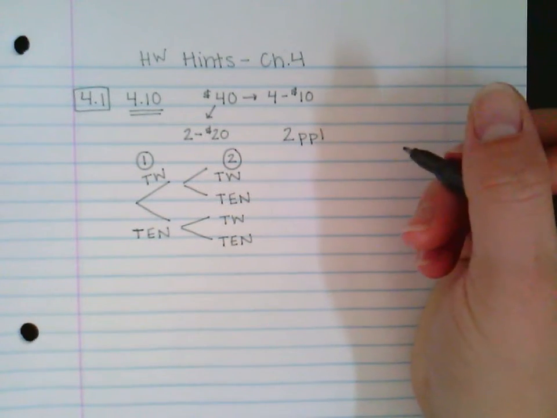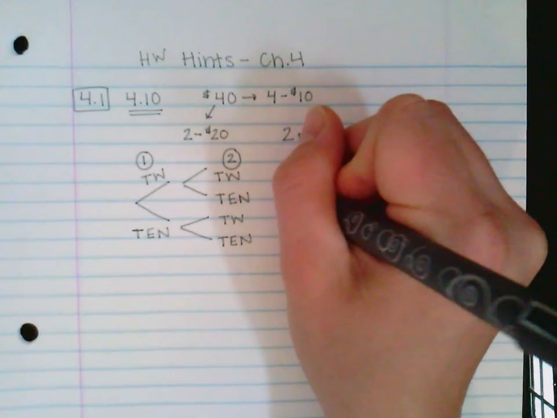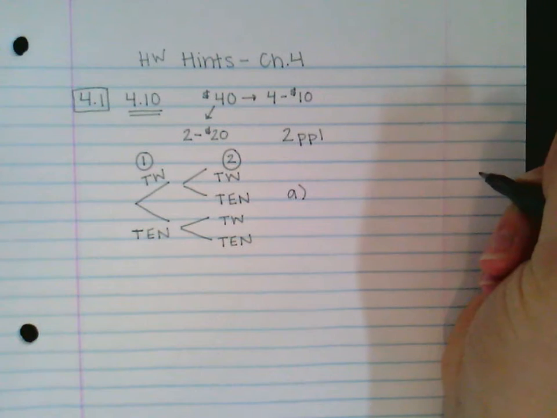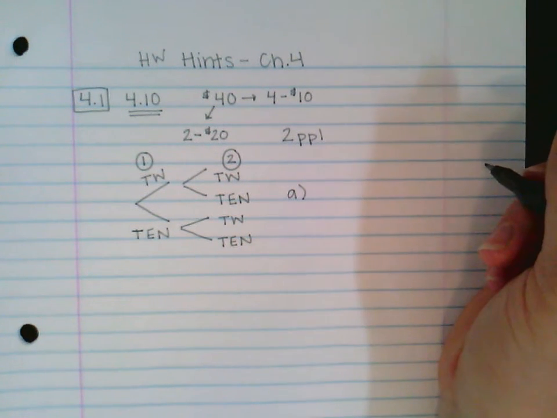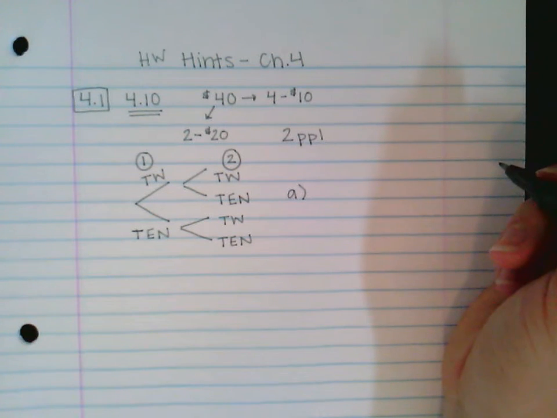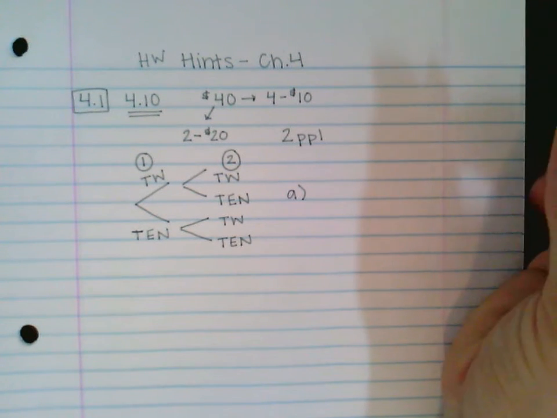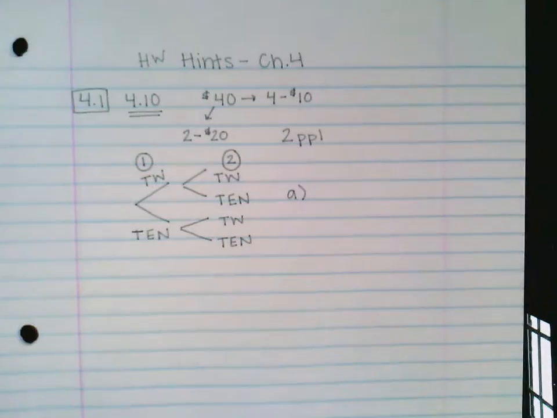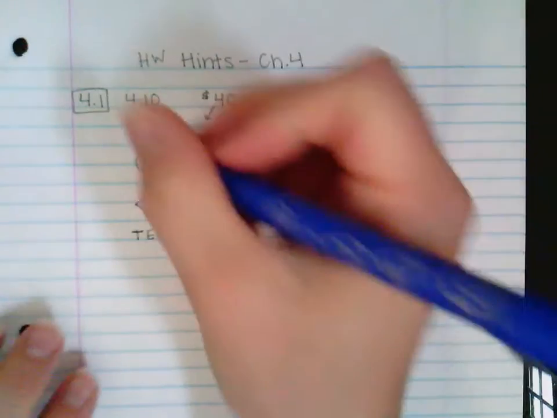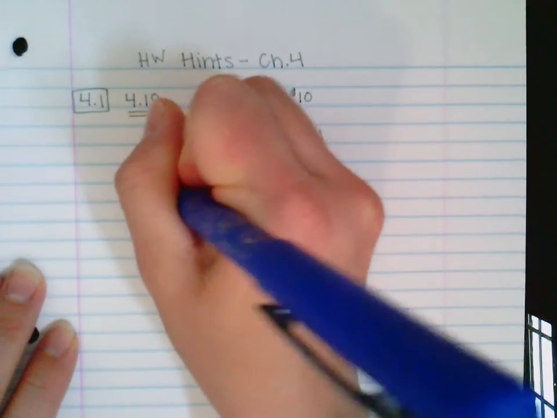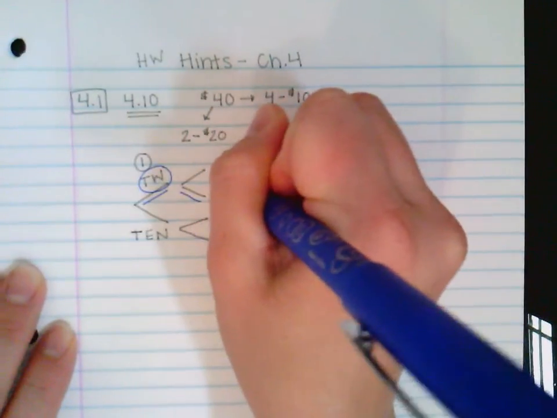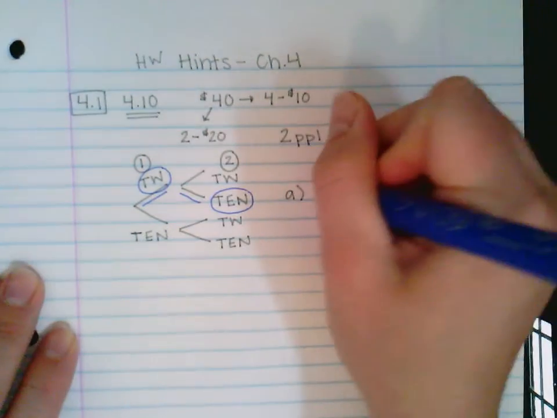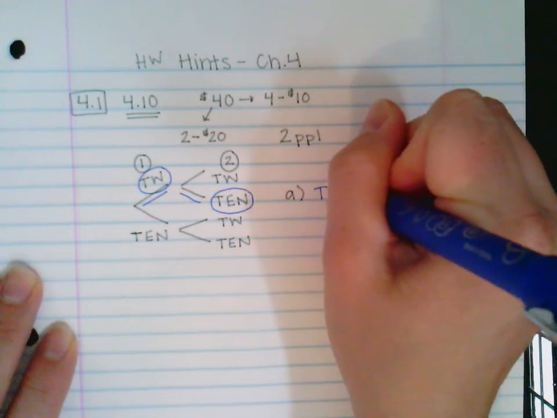Now, the next part of this question is compound or simple. On part A of this problem, it's asking what are the outcomes if exactly 1 customer receives a $20 bill. So if only 1 receives the $20 bill, then if it's the first one, the second person must have received the 10. So that's one of the outcomes.